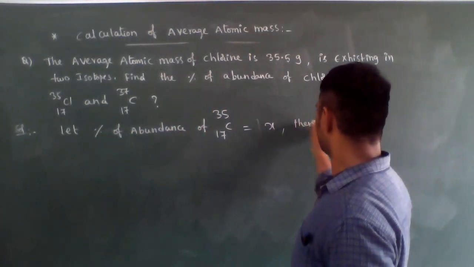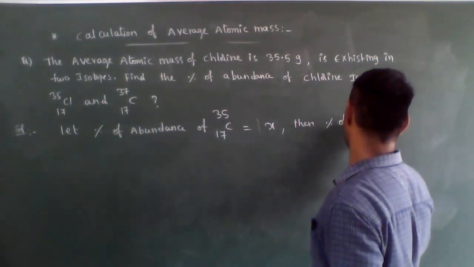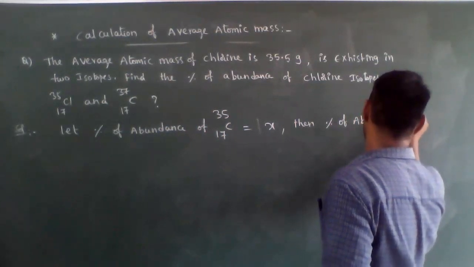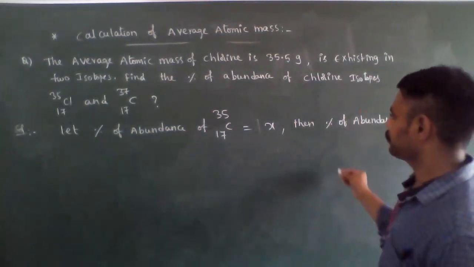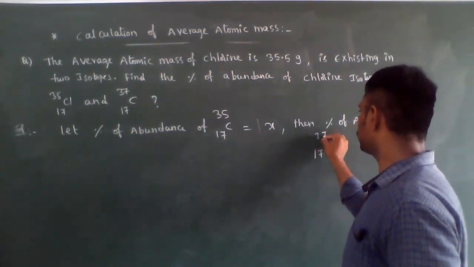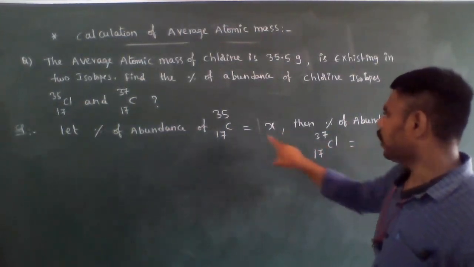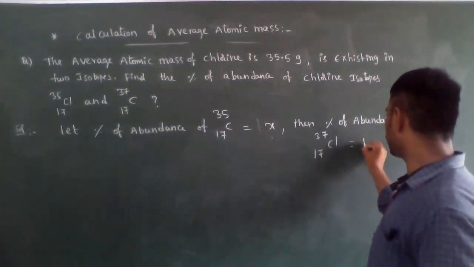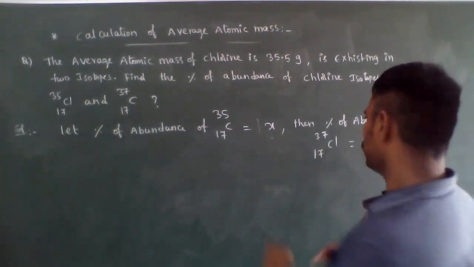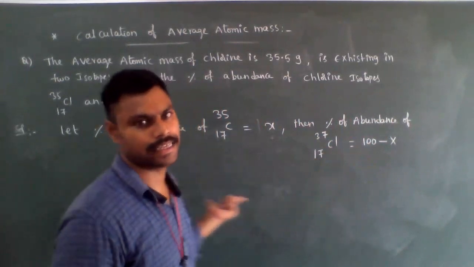Then the percentage of abundance of chlorine 17-37, since the total percentage is 100, if one is X, the remaining is 100 minus X. Now we need to calculate first X, and after that 100 minus X, then both values will come.